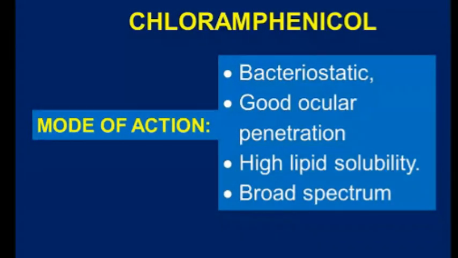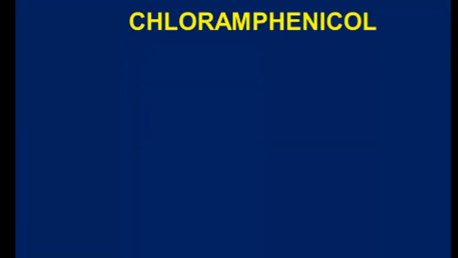So a broad spectrum antibiotic is one of the strongest antibiotics we have. Because with a broad spectrum, you don't need to begin to find out if the bacteria affecting the eye is gram-positive or gram-negative.